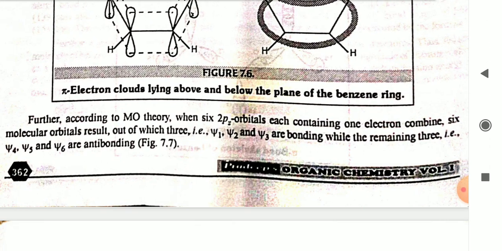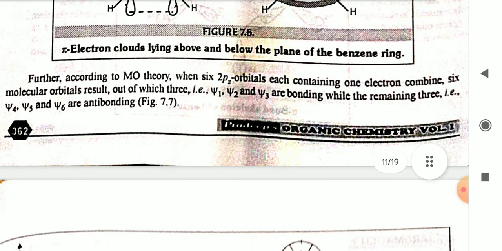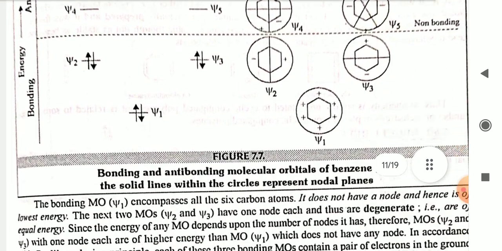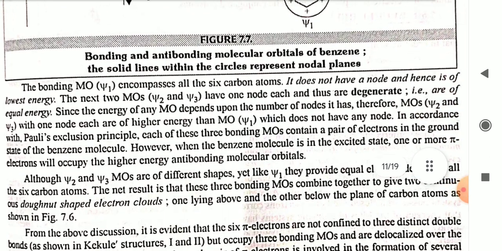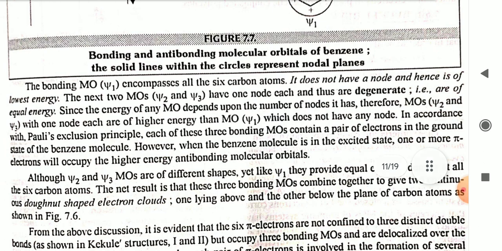Further, according to MO theory, when six 2pz orbitals, each containing one electron, combine, six molecular orbitals result, out of which three, psi1, psi2, psi3, are bonding, while the remaining three, psi4, psi5, psi6, are anti-bonding. The bonding MO psi1 encompasses all the six carbon atoms.